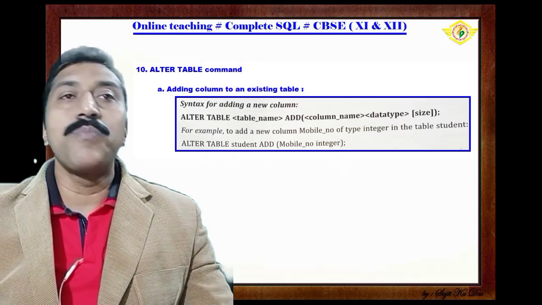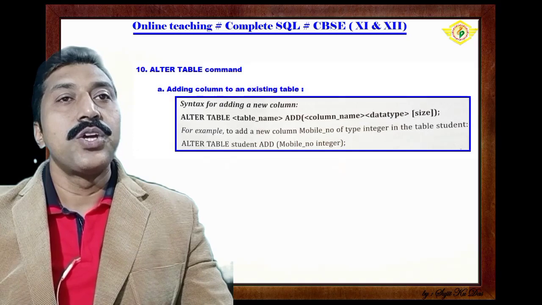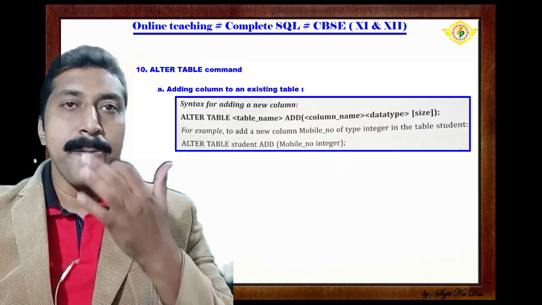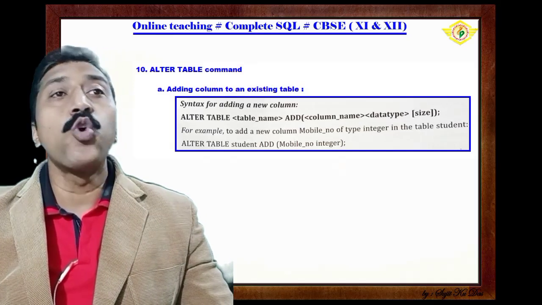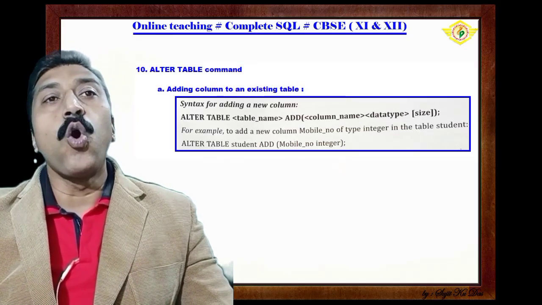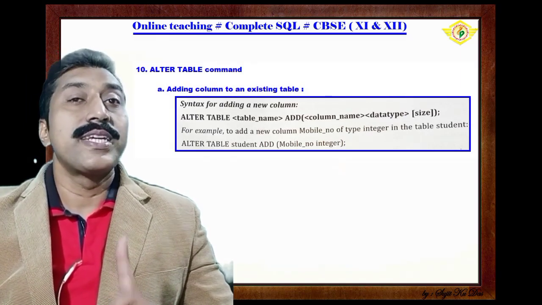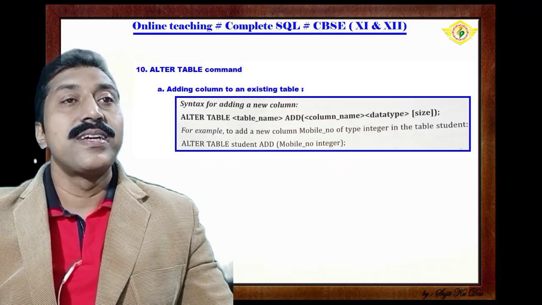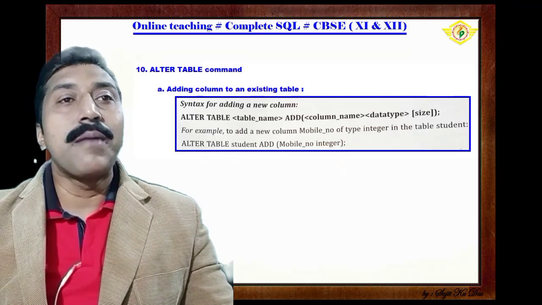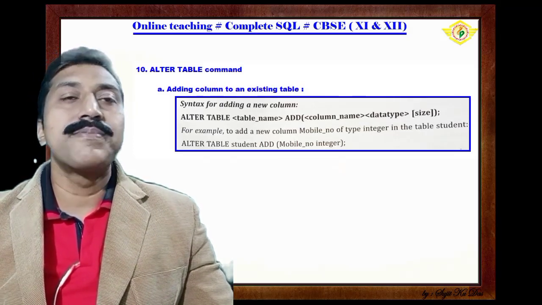First, adding a column to the existing table. Once a table has been created, new columns can be added later on. If required, the new column is added with null values for all the records or rows in the table. It is possible to add, delete and modify columns. Syntax: ALTER TABLE table name ADD column name data type size.